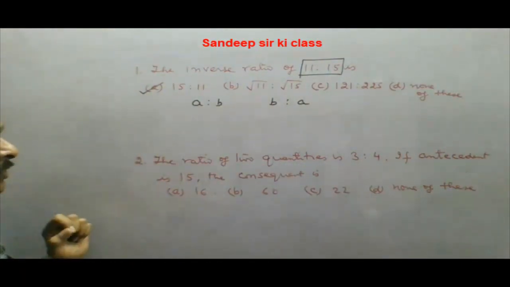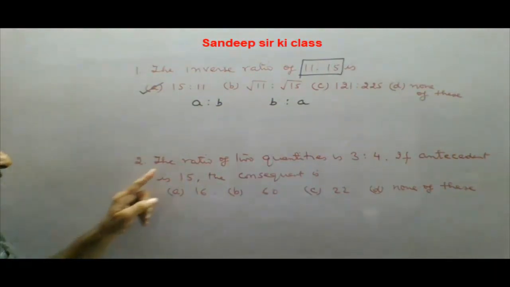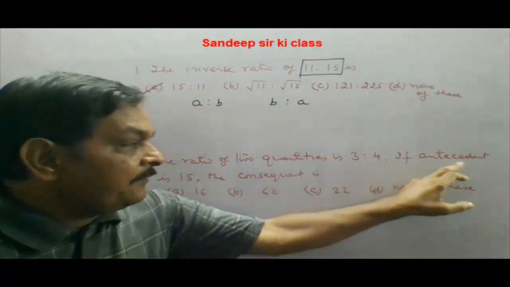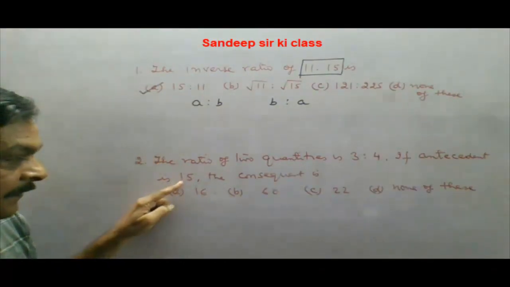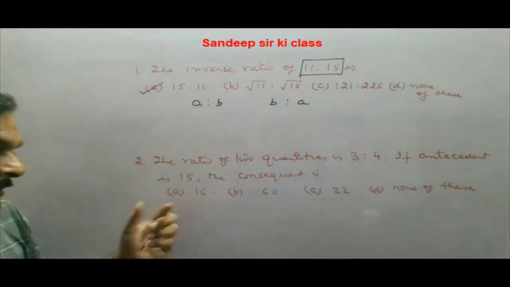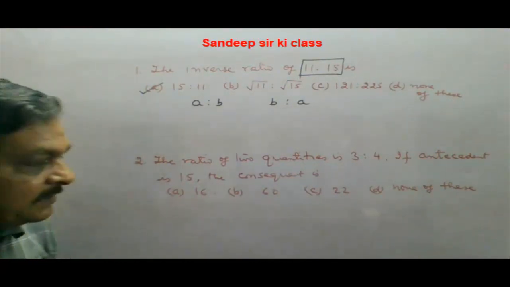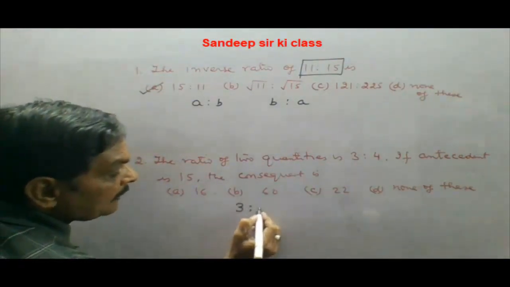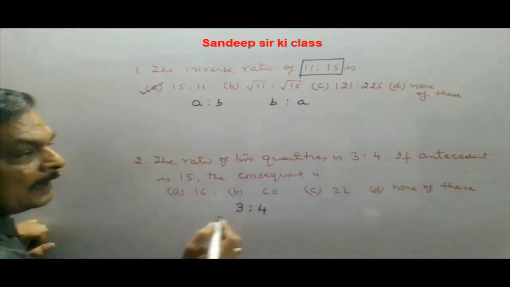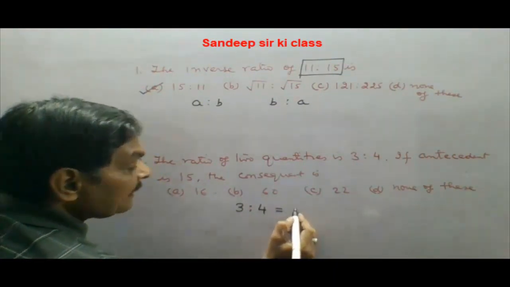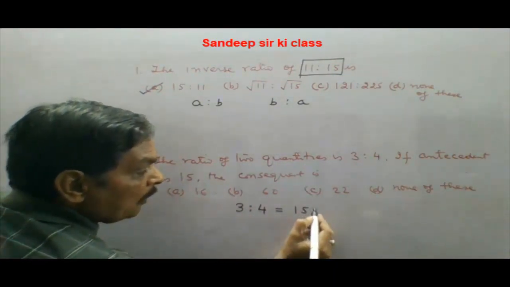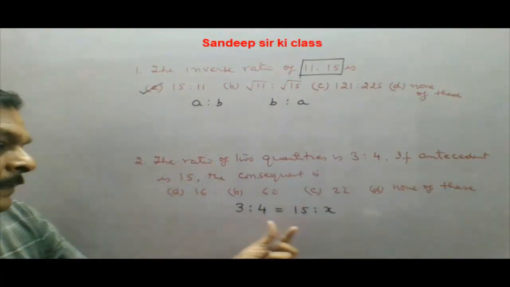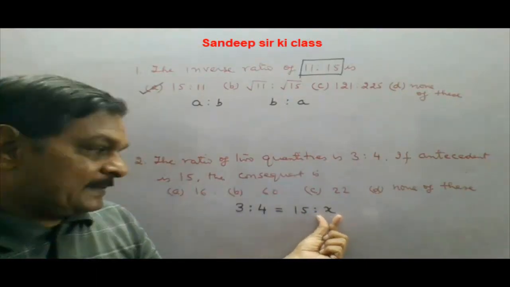Now we see the second question. Second question is, the ratio of two quantities is 3 is to 4. If the antecedent is 15, then the consequent is, and these are the options given to us. Now, we know that the ratio given is 3 is to 4 and the antecedent is 15, then what we write later is the consequent, and let us suppose that the consequent is x.